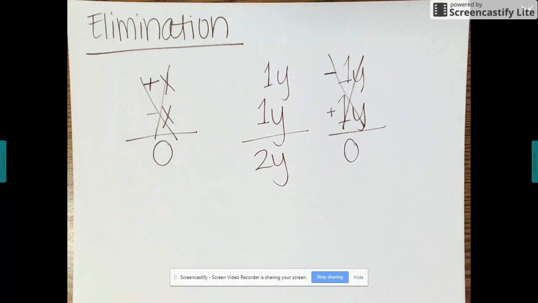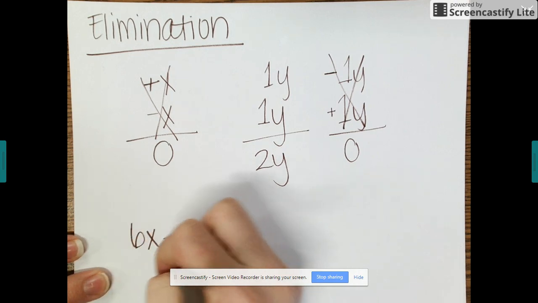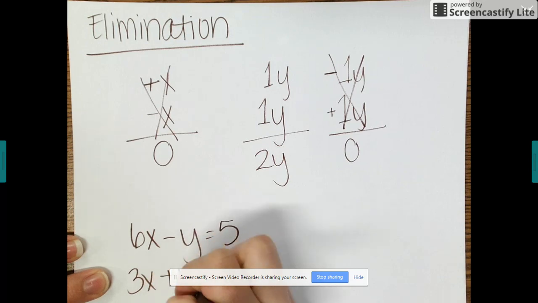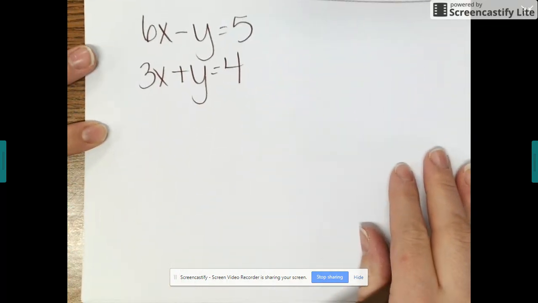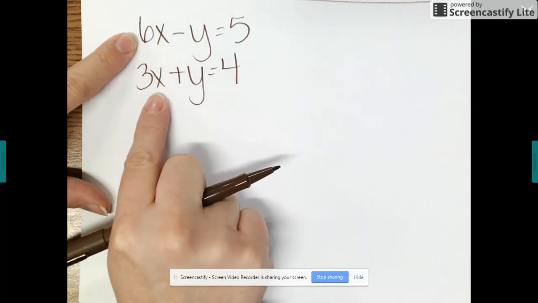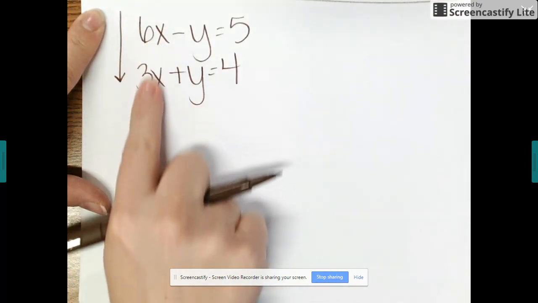Okay? So let's just start with a problem. If I have 6x minus y equals 5, and 3x plus y equals 4. Let's look at our variables. So I have a 6x and a 3x. Does that eliminate? Not really. And remember, we're working vertically, up and down, okay?